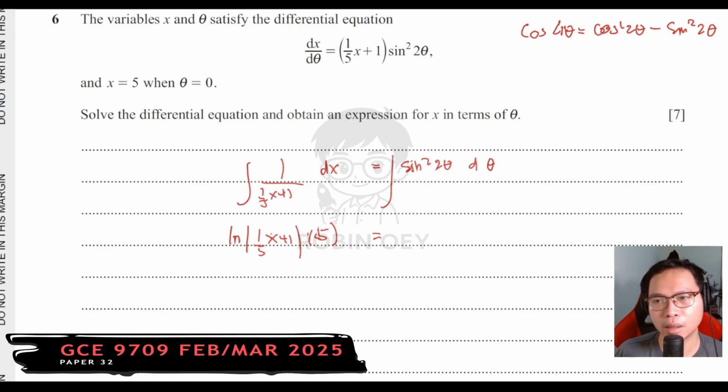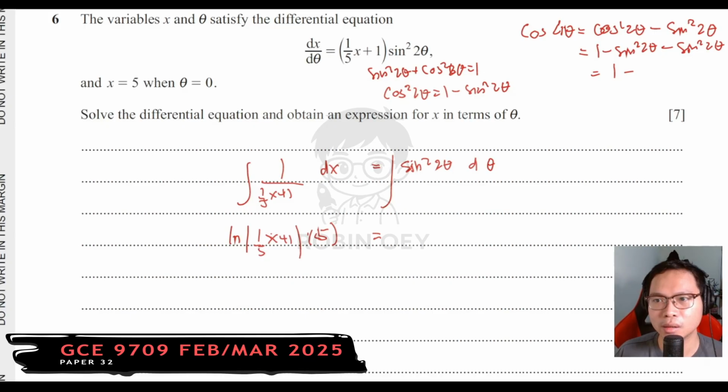Since we have only sine square here and we want to change it into the double angle form, I change cos square 2 theta into 1 minus sine square 2 theta, because sine square 2 theta plus cos square 2 theta equals 1. So cos 4 theta is 1 minus 2 sine square 2 theta.